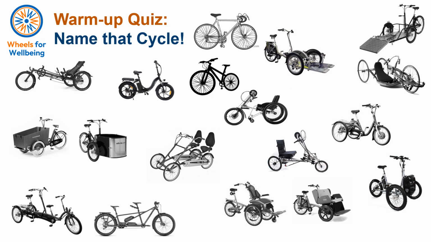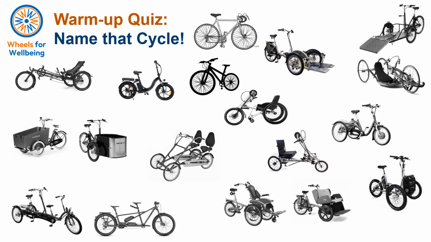So how many wheels, how many people do they carry, what's the configuration of the wheels, what are the purposes of the different types of cycle. See how many different types of cycle you can think of in that way. And then we'll come back when you've had a couple of minutes and see how you get on with that.